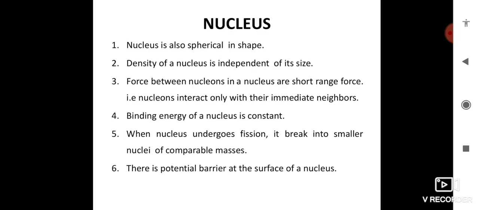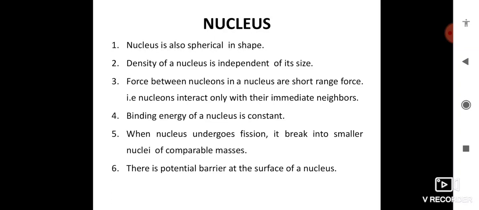These are the similarities between a liquid drop and a nucleus. In both cases, the liquid drop and the nucleus are spherical in shape, and the density of a liquid drop and the density of a nucleus are independent of size.